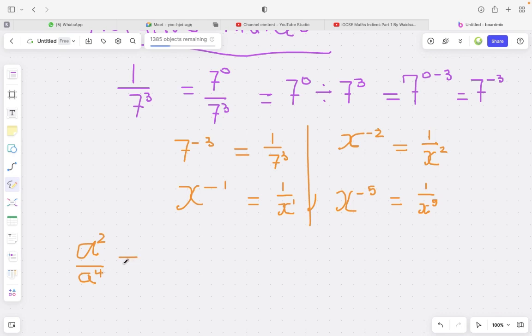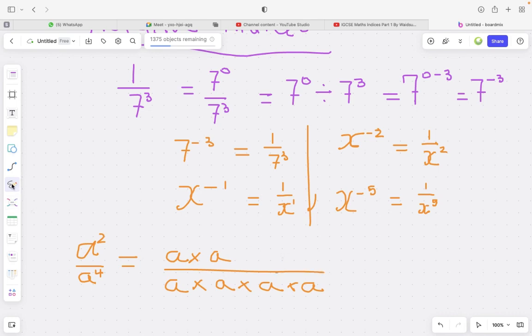A to the power of 2 means a multiplied by a, right? Then at the denominator you have a to the power of 4, which means a times a times a times a. This is what you have.